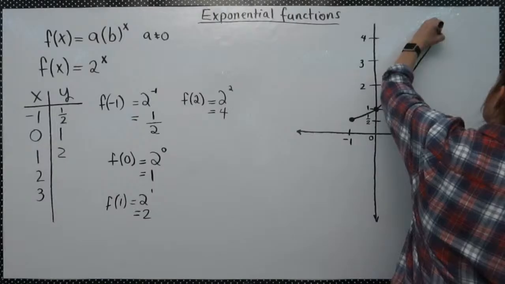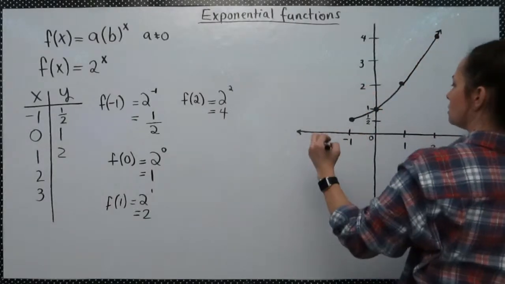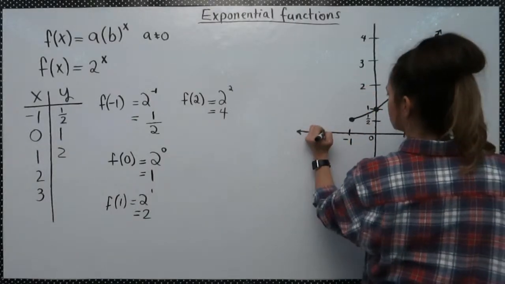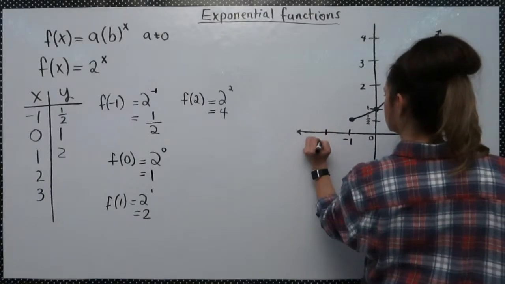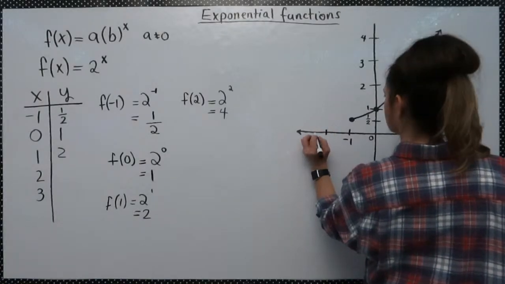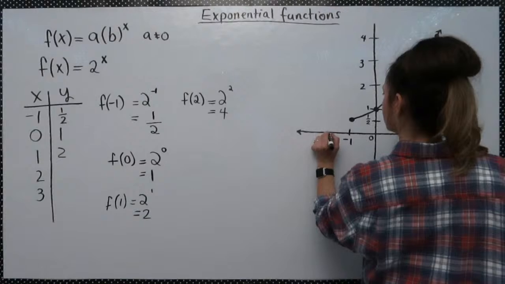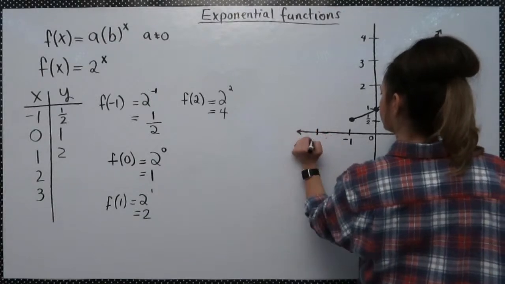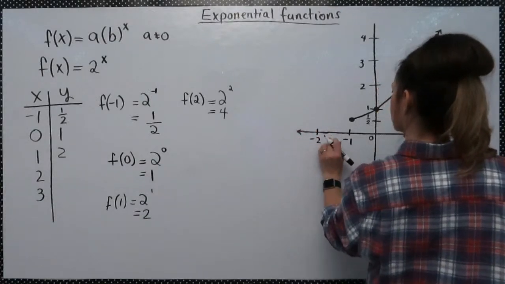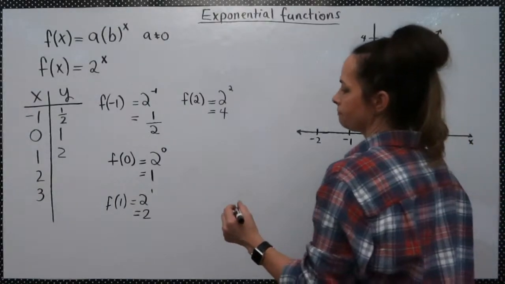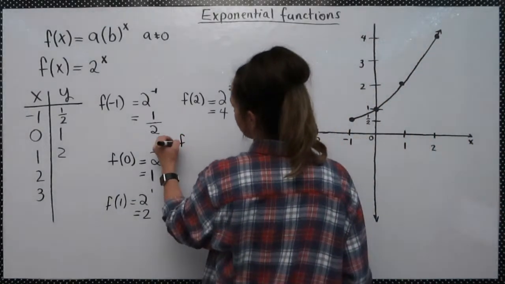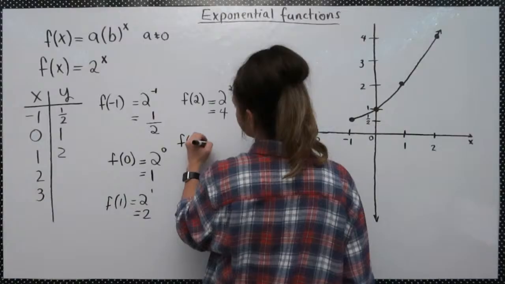Okay, very good. And then if we went out here to -2, it needs to be a little bit further out. One more: f of -2.